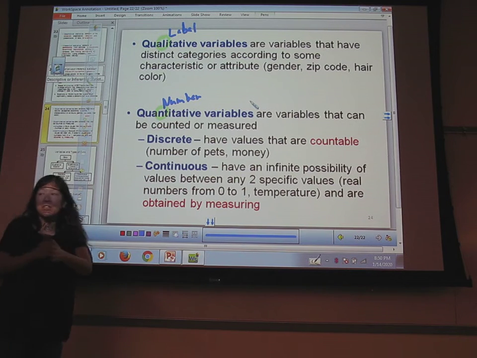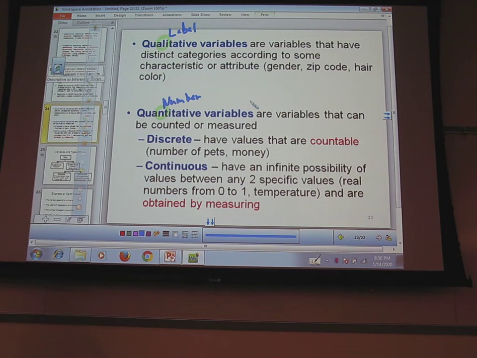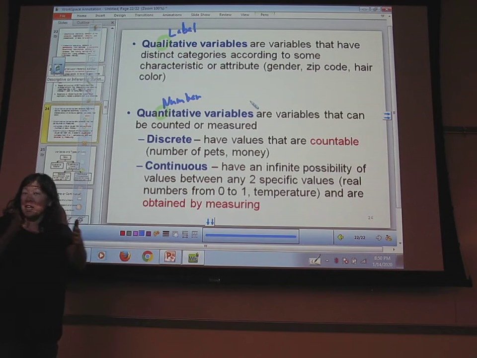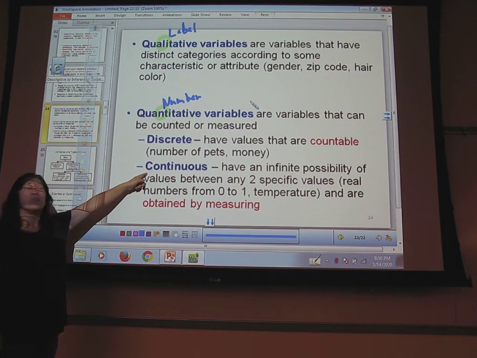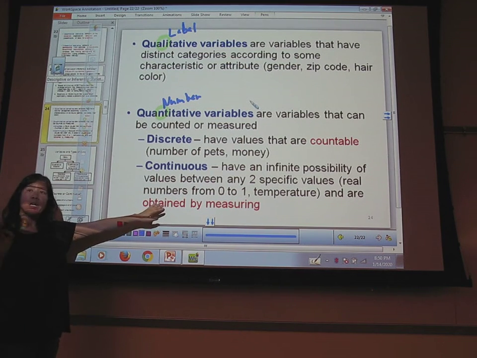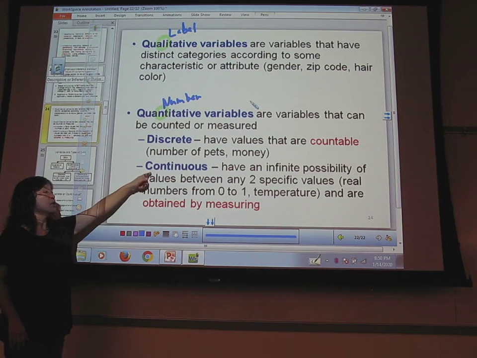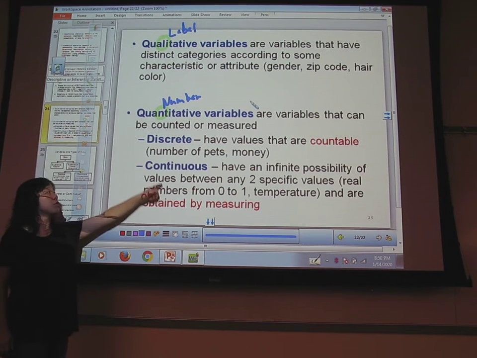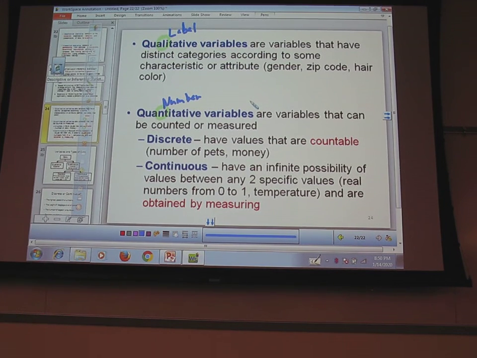Continuous has an infinite number of possible values between. If you pick two values, there's an infinite number of possibilities between them. These are things you measure. So the shortcut is, if you measure these values, then the variable is continuous. If you count them, then it's discrete.